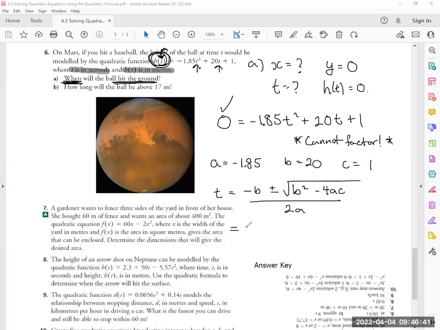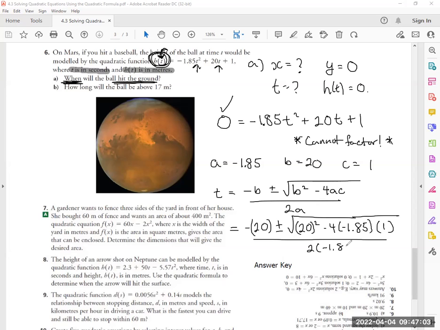So this would be negative 20 plus minus the square root of 20 squared, minus 4 times a, which is negative 1.85, times c, which is a 1, all over 2 times negative 1.85.